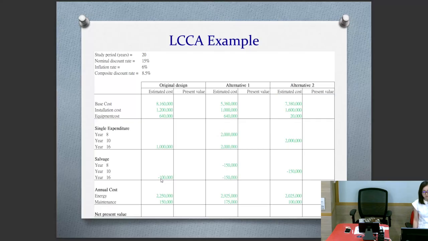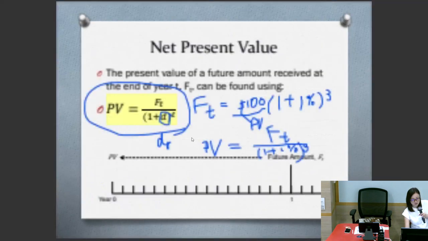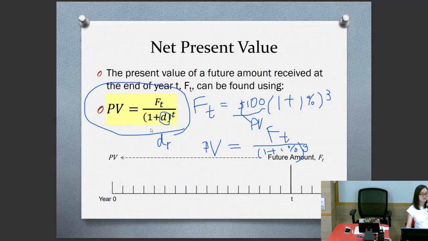In order to calculate the net present value over the whole lifetime, we need to convert these future money amounts into the present value, using either this equation. If it is a one-off cost, then we use this equation.